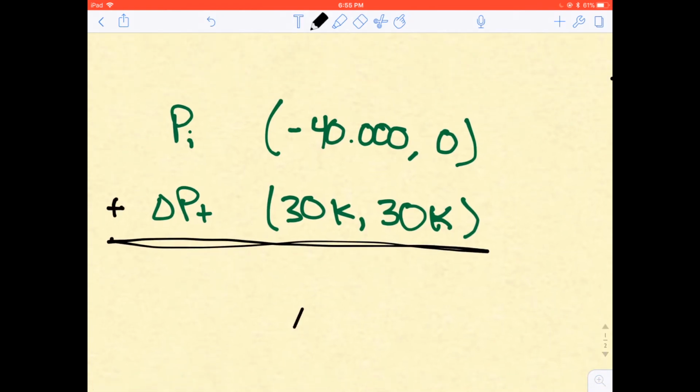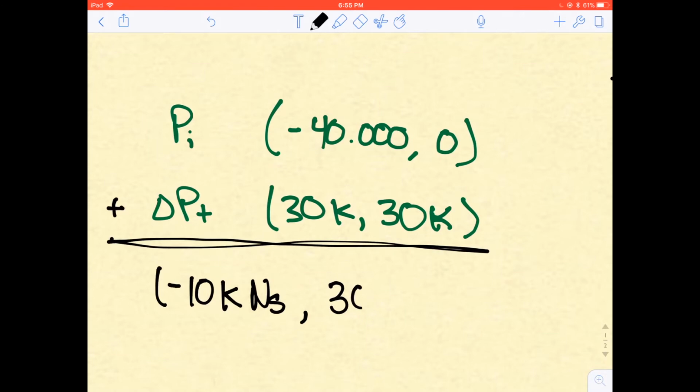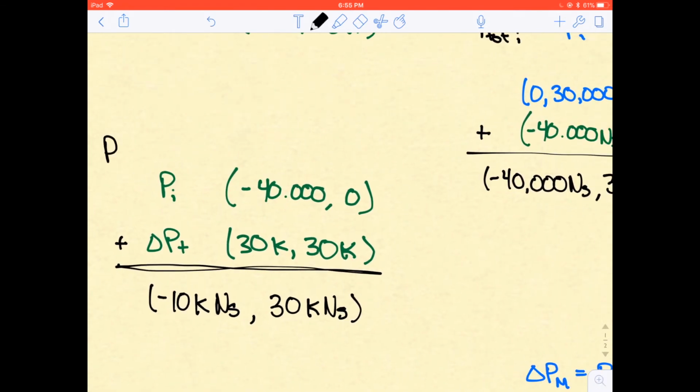So, this should give you negative 10,000 Newton seconds, and then 30,000 Newton seconds. And there we go. P final of the truck.